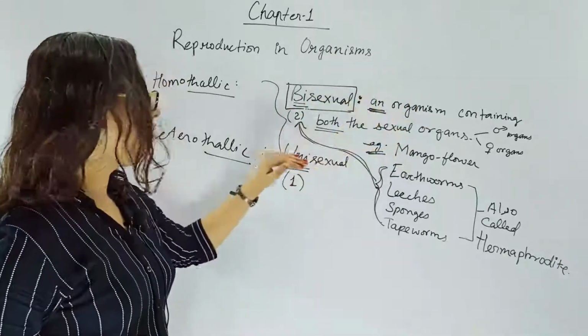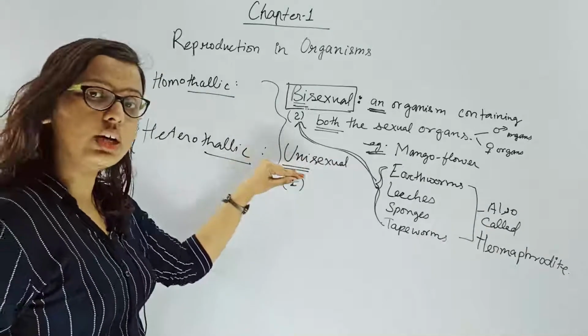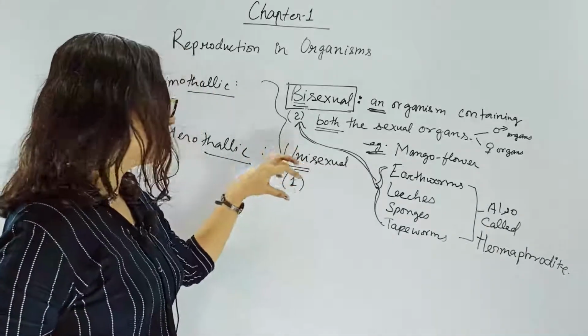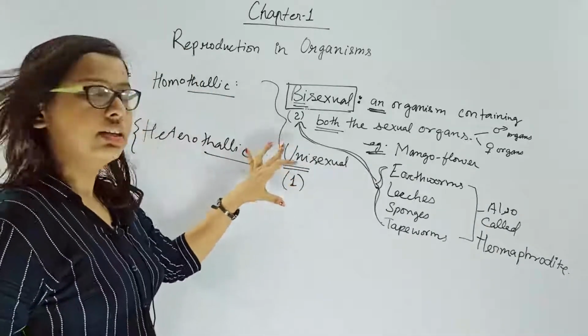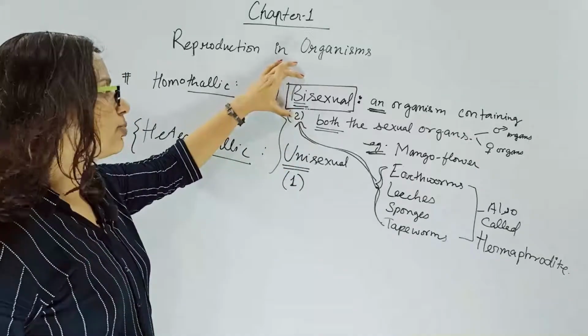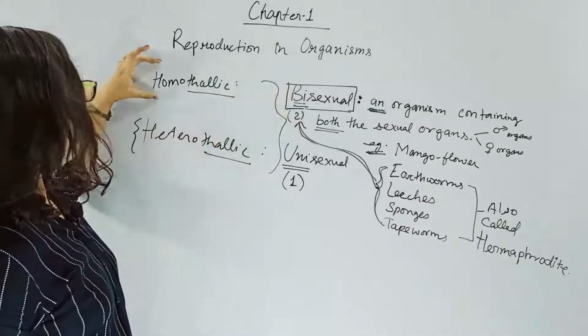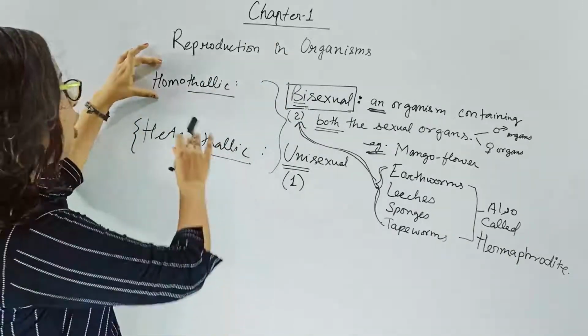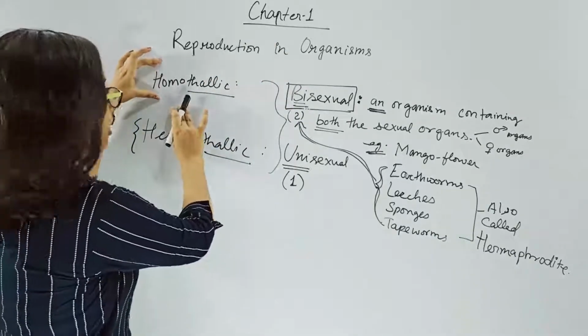Now, before I explain unisexual, although now you must have got what is unisexual. Uni means one. So before I go to explain the unisexual, let me relate this bisexual with homothalic. Homothalic was also the same thing.